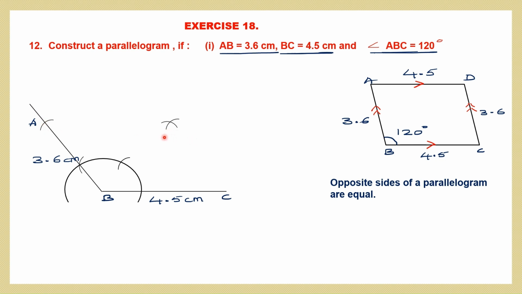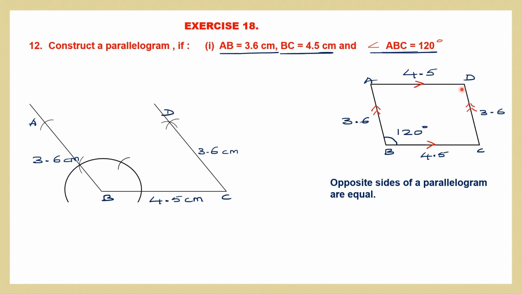So it is cutting at a particular point. Now that point is D. Now draw a line through CD. So now CD, if you measure, it is 3.6 because we took that measurement on our compass.